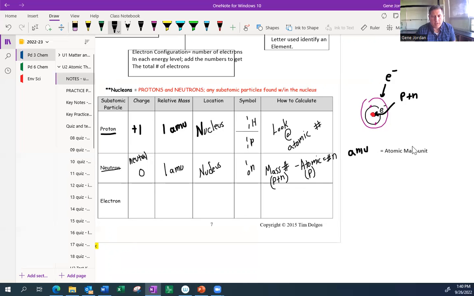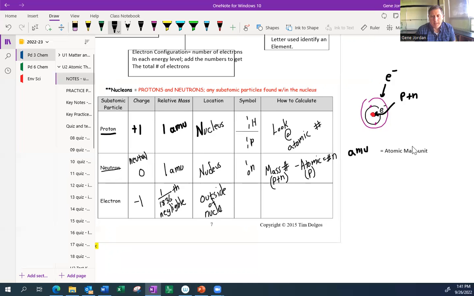Electrons are full of charge, but not full of mass. They have a very small mass of actually 1/1,836 of the mass of a proton or a neutron. So it's basically negligible. Where is it found? It's found outside the nucleus. It's the part of an atom that has lots of space. That's why Rutherford's experiment was interesting for many reasons.